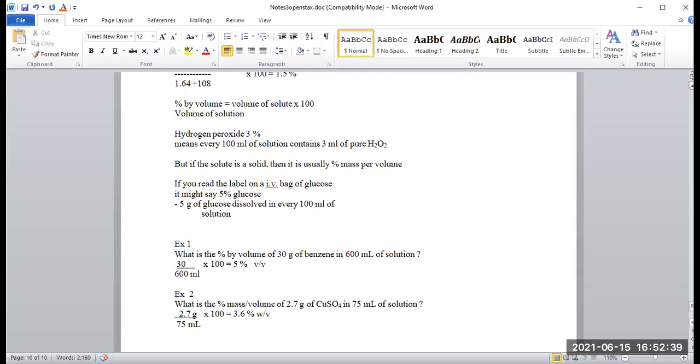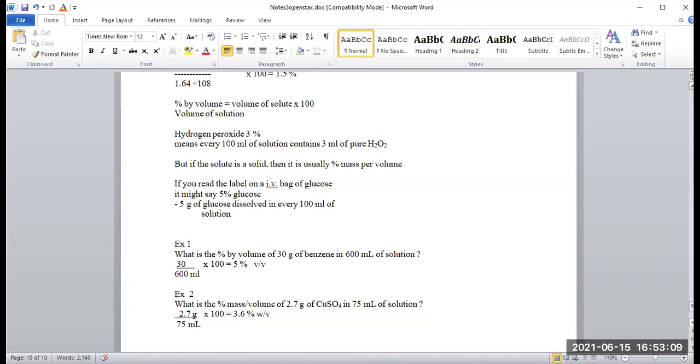If you are in the healthcare industry, they often use yet another little variant on this where if you give you an IV bag and it says 5% glucose, okay, glucose is actually a solid at room temperature when it's not dissolved. So every 100 mils that are in that bag has 5 grams of glucose.